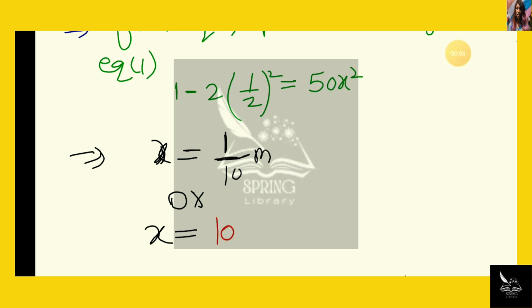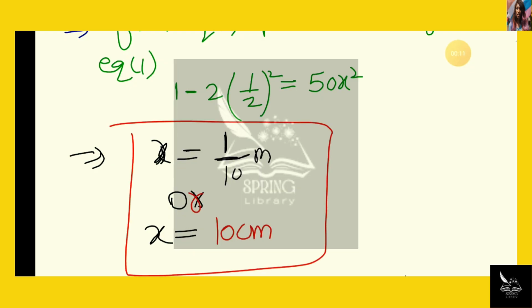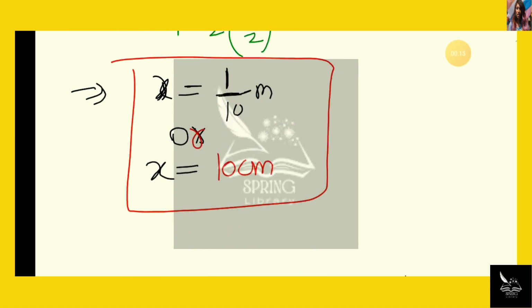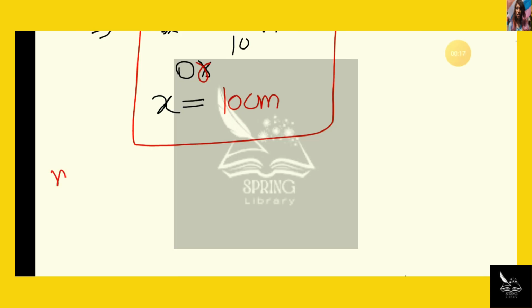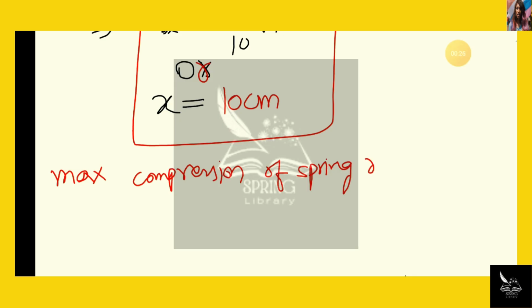So this is the answer to the given question: the maximum compression of the spring is 1 over 10 meter, or 10 centimeter.